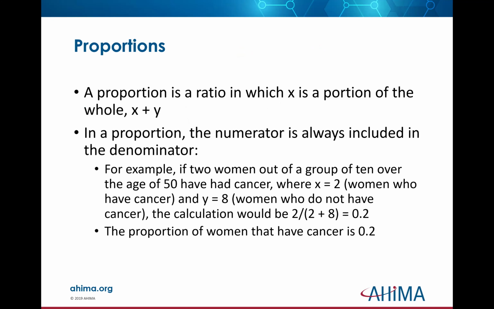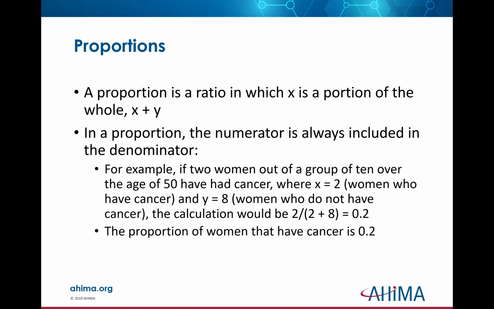And a proportion is similar to some things we've talked about. It's a fraction, so x is a portion of the whole, x and y. So in other words, you could think of x as the numerator, right? And the denominator would be x plus y.